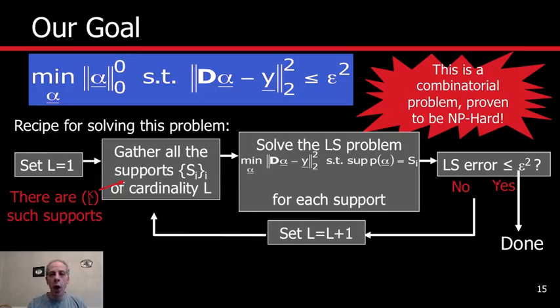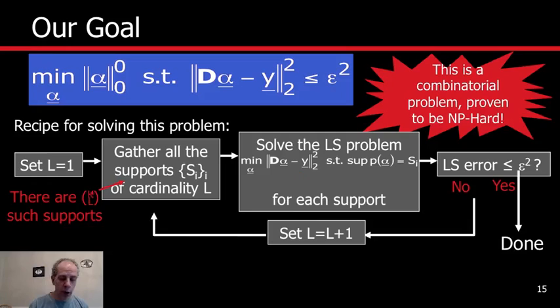So we pick all the possible supports that have two active, two non-zero coefficients. So we say, okay, how can I approximate the signal Y with the first and second atom together, or with the first and third atom together, or with the 7th and the 25th atom together? So we pick every possible pair.